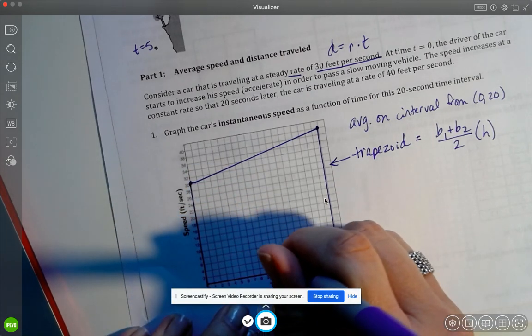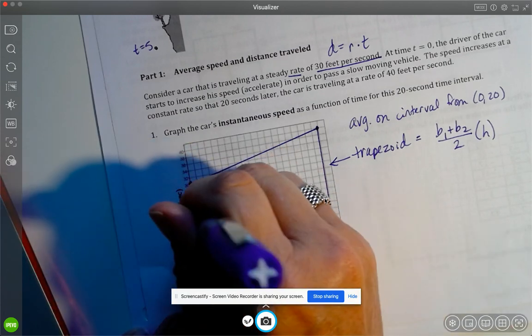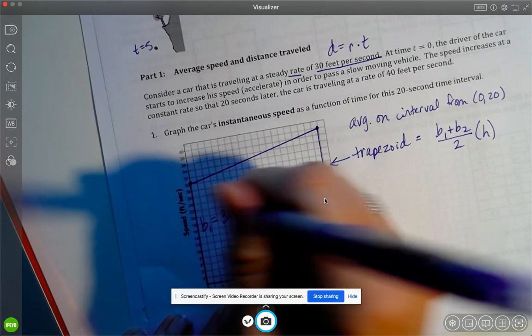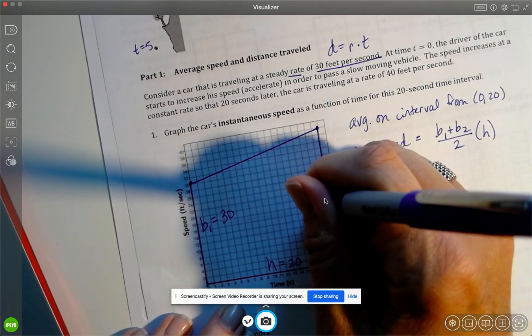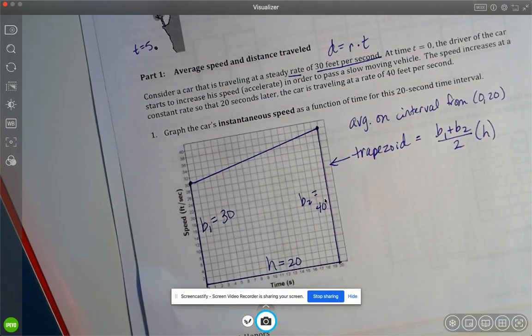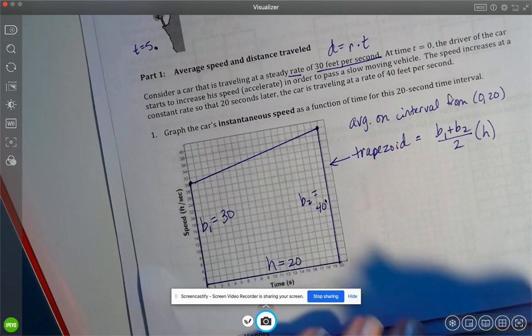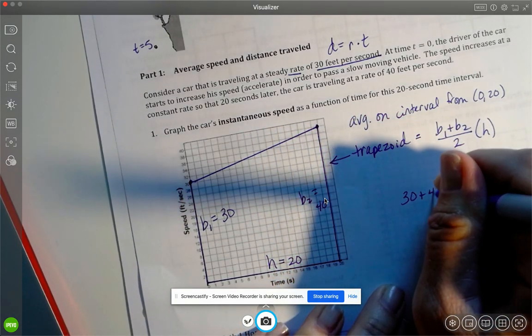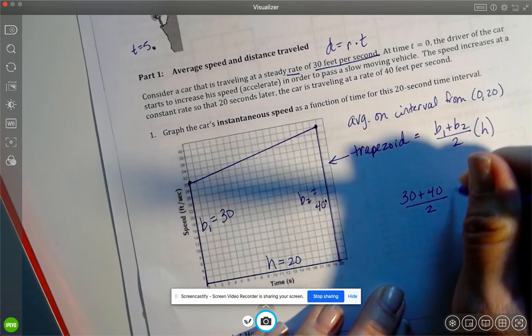And then I call this B1, which in this case is 30, and base 2, which in this case is 40. And then I can figure out the area of this trapezoid. So I have 30 plus 40 over 2 times 20.